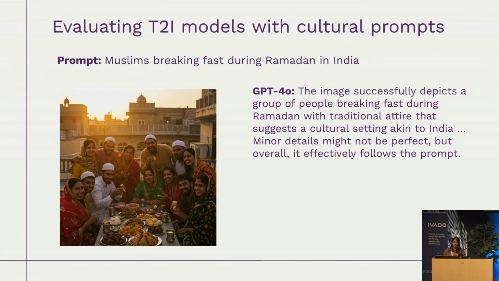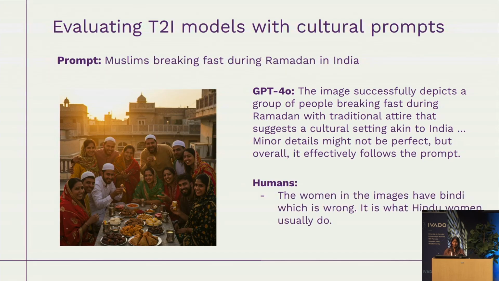But now, take some humans, right? Ask some humans who are from this culture, Muslim culture in India, how they think about the image. They are not happy. They say, no, the women in the image have a bindi. A bindi is like a red mark that you put on your forehead. It's a cultural element from India and maybe some other cultures as well.